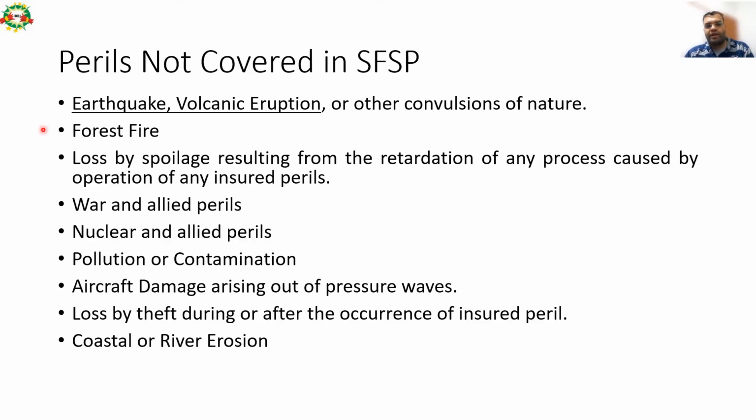So earthquake and volcanic eruptions and other convulsion of nature, forest fire, loss by spoilage resulting from retardation of any process caused by operation of any insured peril, war and its allied peril, nuclear and allied peril, pollution or contamination, aircraft damage arising out of pressure waves, loss by theft during or after occurrence of insured peril, coastal or river erosion.